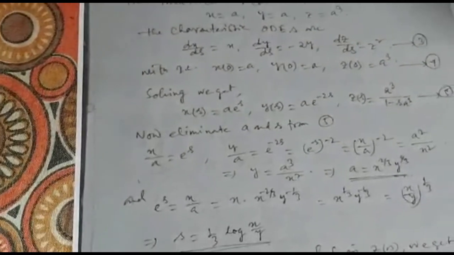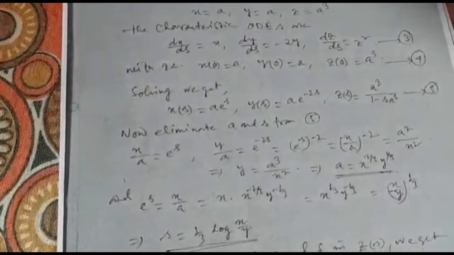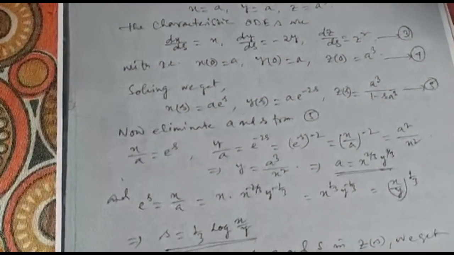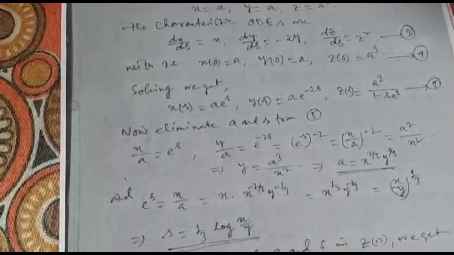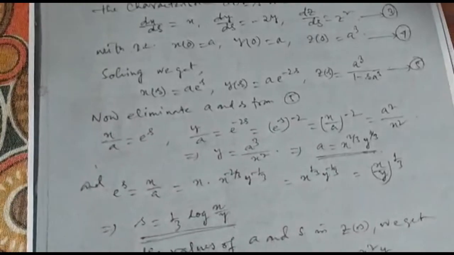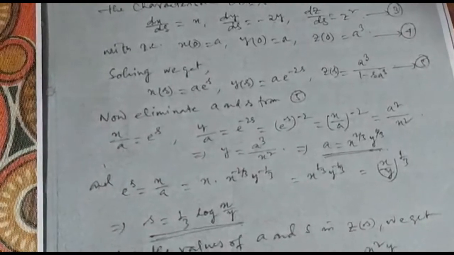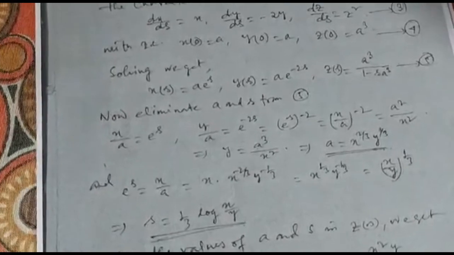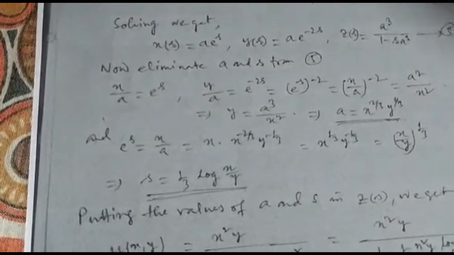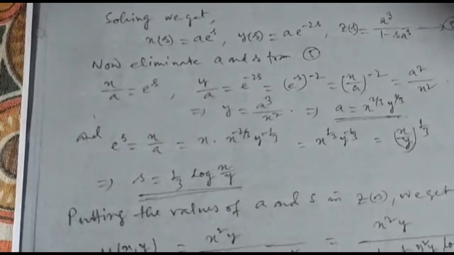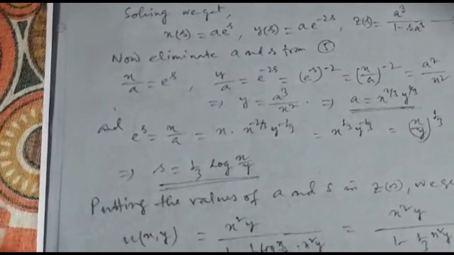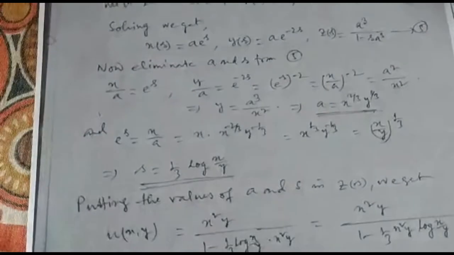Now for s, we get from x/a = e^s, putting the values of a and simplifying we get (x/y)^(1/3), and taking the logarithm we get s = (1/3) log(x/y). So hence we obtain the values of a and s.